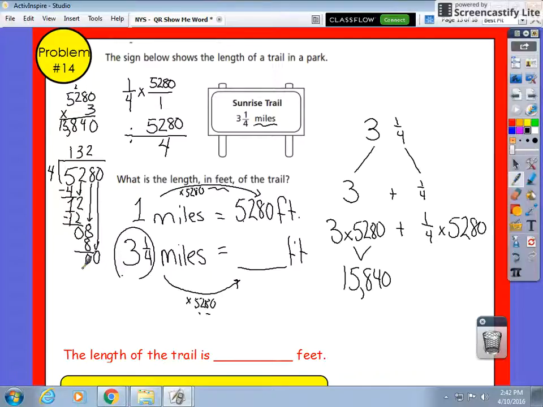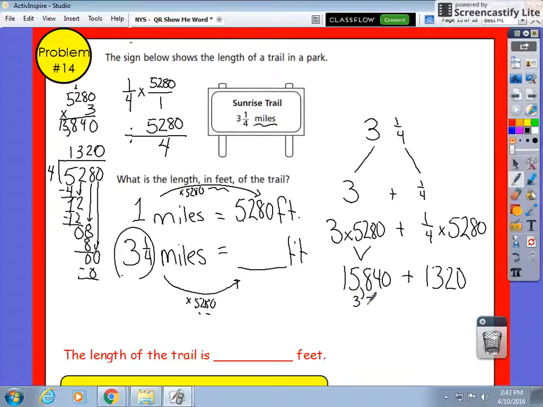How many 4s are in 0? 0 4s. Notice every digit that I brought down, I have a matching number in my quotient. So I find out that 1/4, this part of the trail, is going to be 1,320 feet.